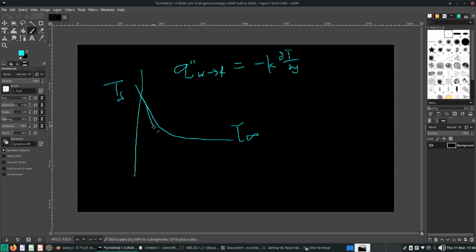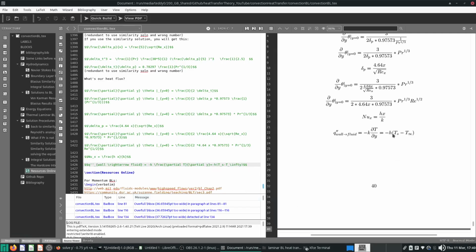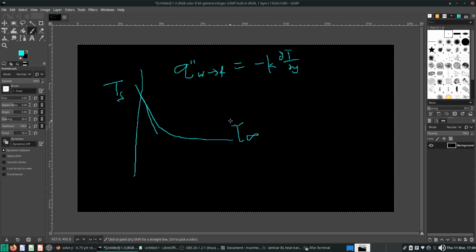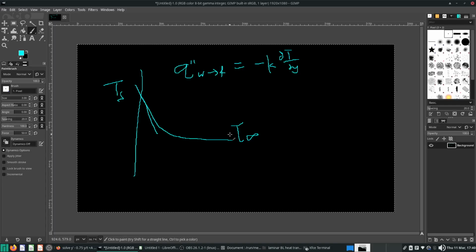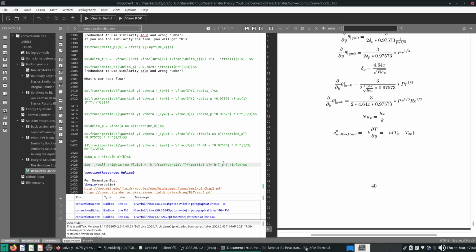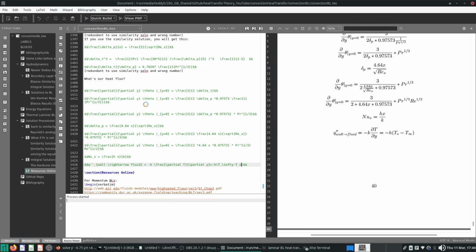So this is a downward sloping profile. Ts minus T infinity. Okay, so this is not the correct signage. I have to swap around. So it's T infinity minus Ts. Yeah, this will be the correct sign. Just to make sure the sign convention is correct.